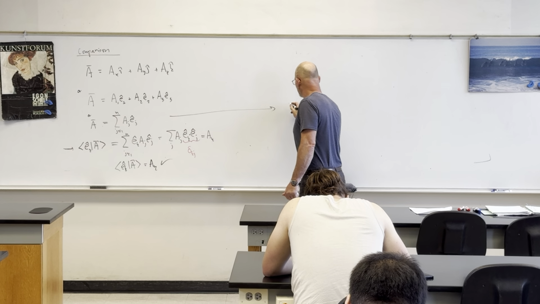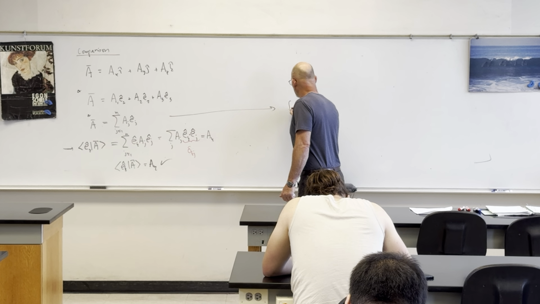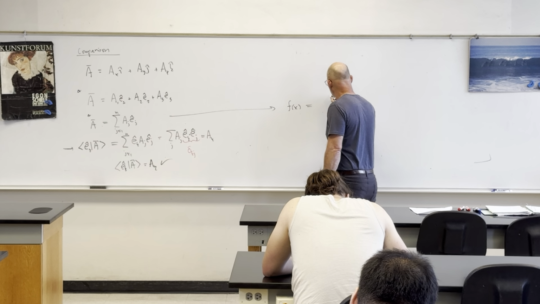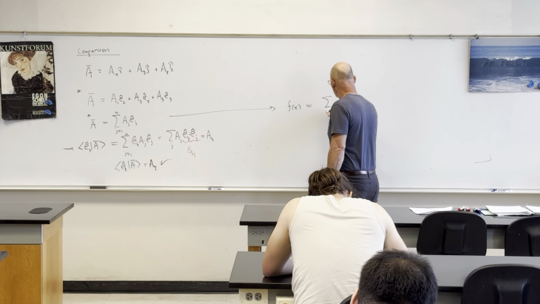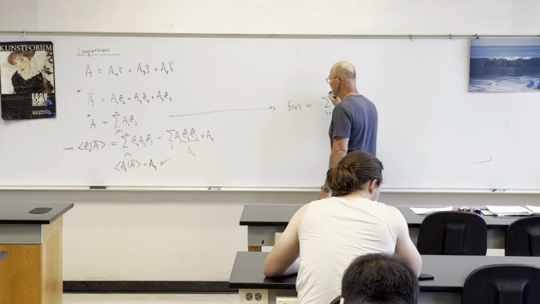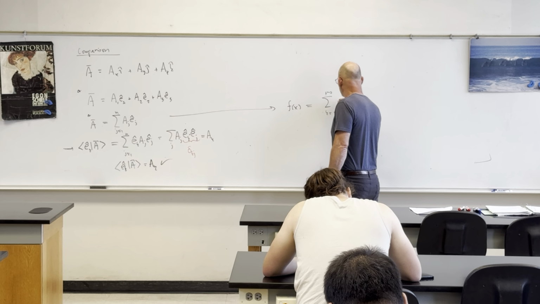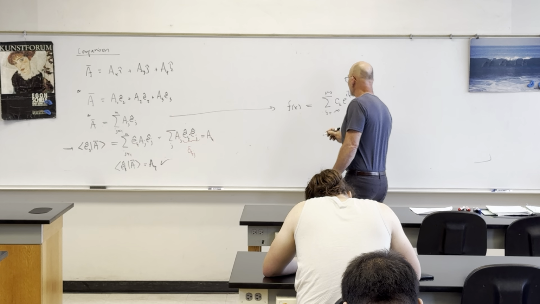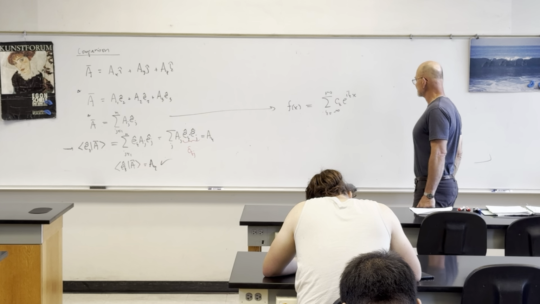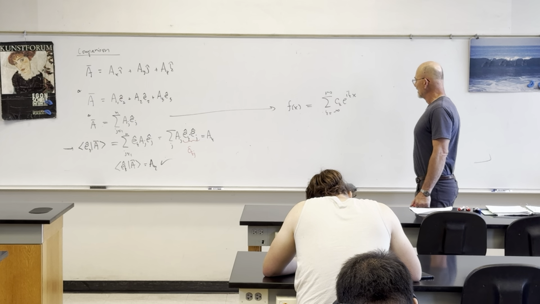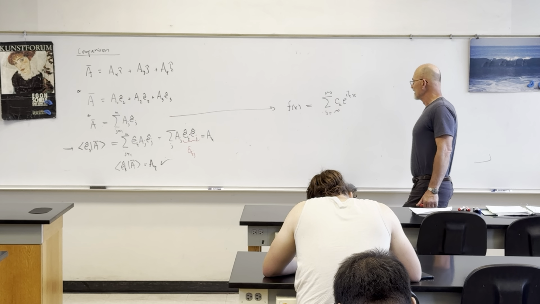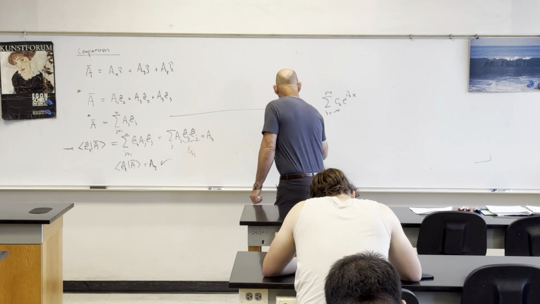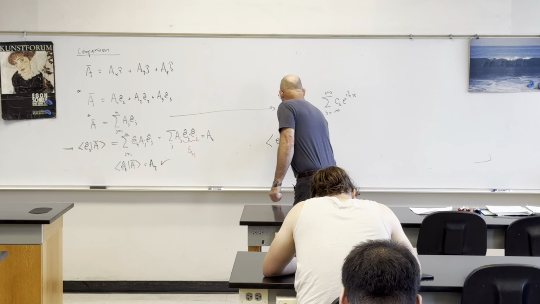So we have f of x equals the sum over k equals minus infinity to plus infinity of c sub k e to the i kx. And then we want to do e to the i kx into f of x.